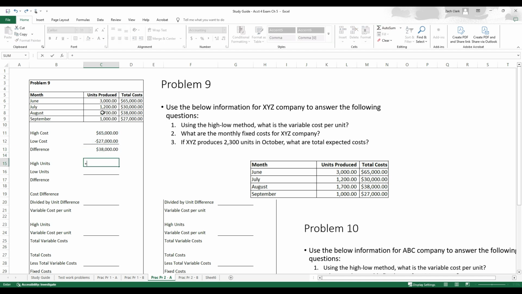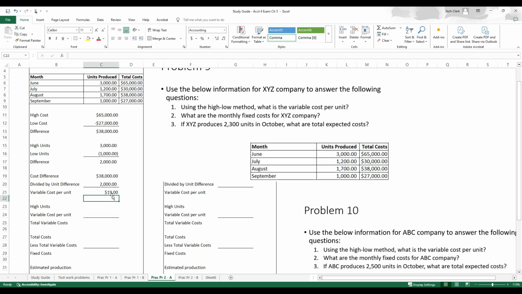And then the difference in those months from a unit perspective is 2,000 units. That was the high cost month there, and then the low cost, the number of units produced.